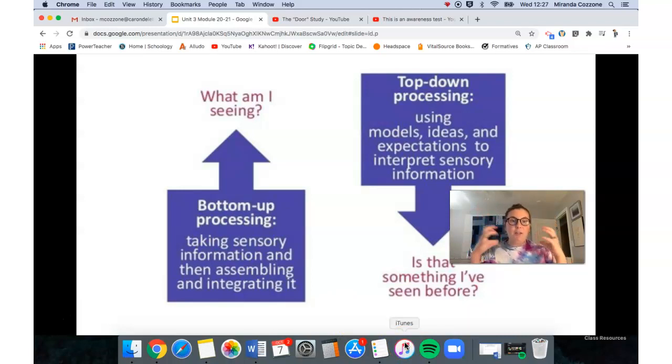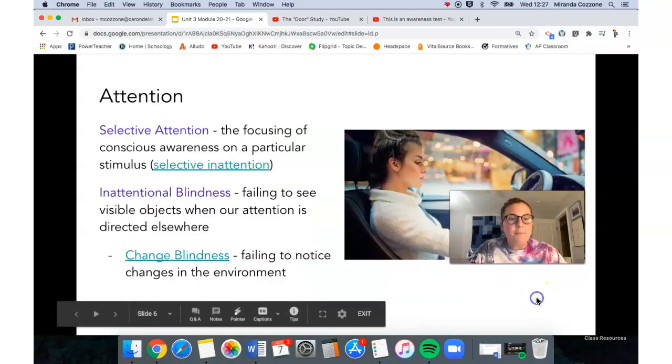Imagine that person in the forest for the first time. Top-down processing uses schemas, ideas, and expectations to interpret sensory information. Is this something I've seen before? Maybe I never saw people spelled that way before, but I have certain ideas of what is coming in that sentence based on my experience. I've also seen that word several times and I'm able to easily unscramble it.